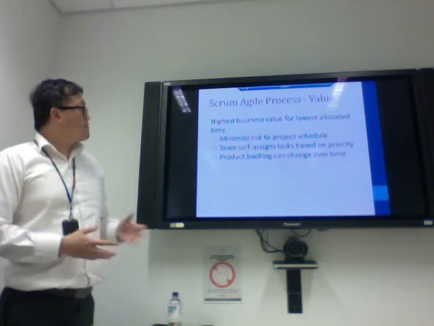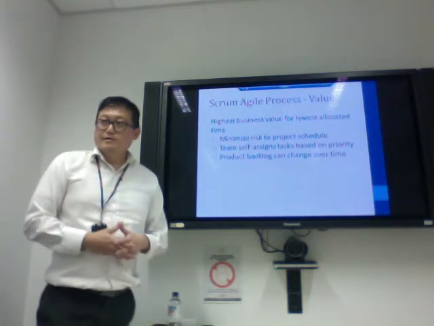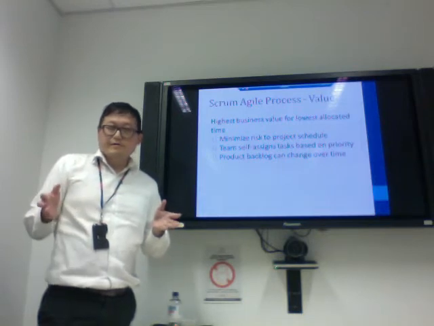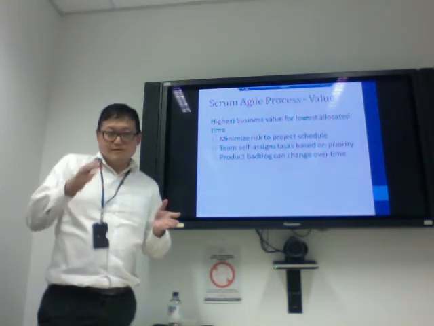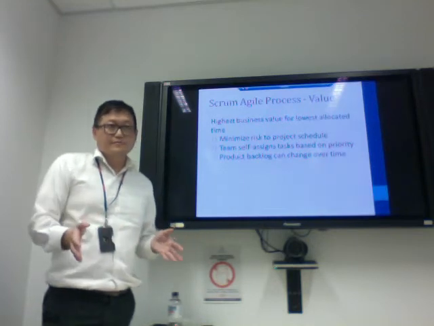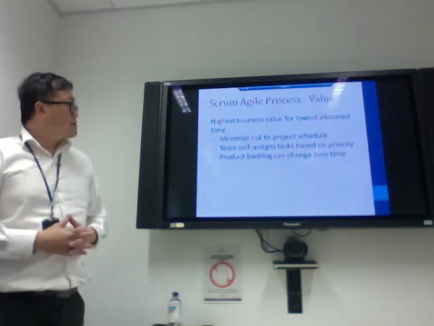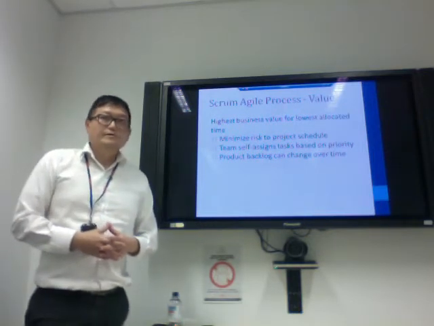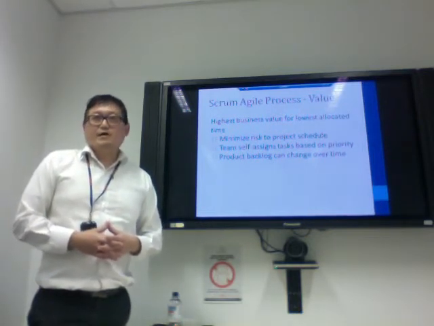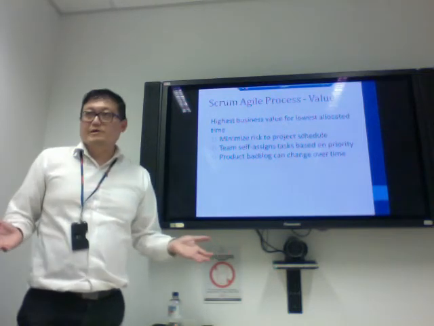So some of the features of the Scrum process: it minimizes risk through the project schedule. As we deliver incrementally, you can see that the risk is reducing because we know certain things have been taken care of up front. The other thing is team self-assigned based on priority. That is where team members are empowered to assign themselves the role because they are typically subject matter experts.